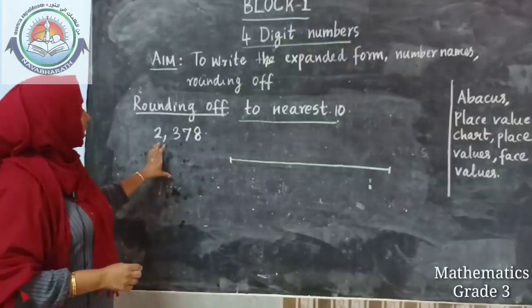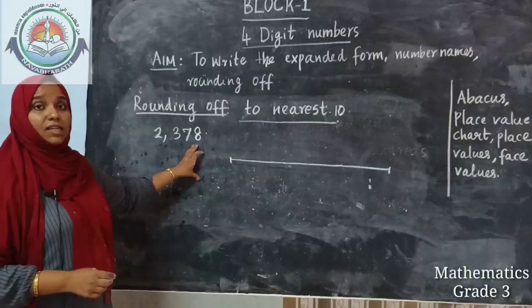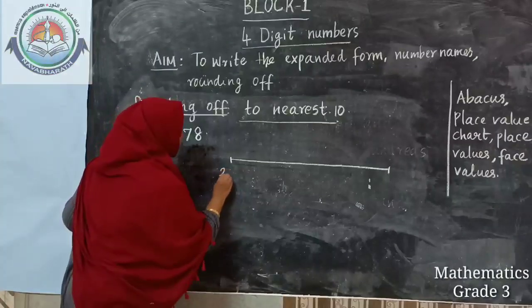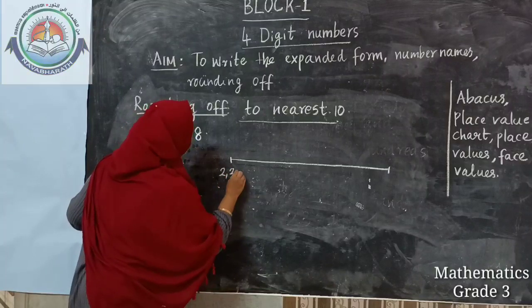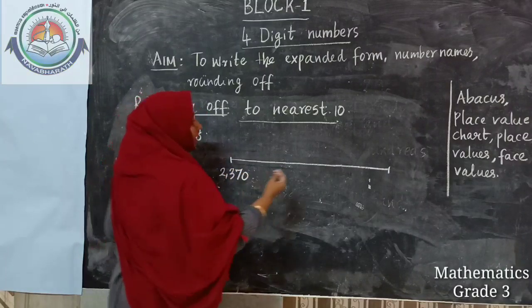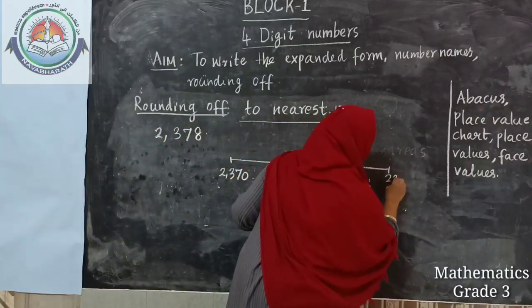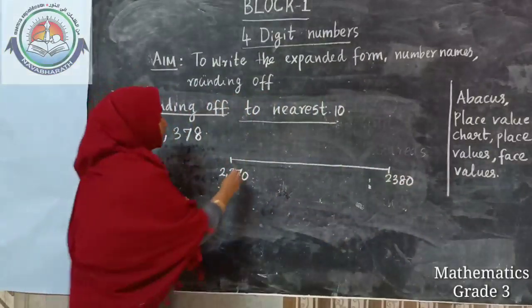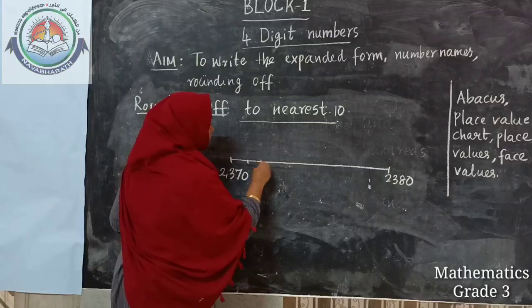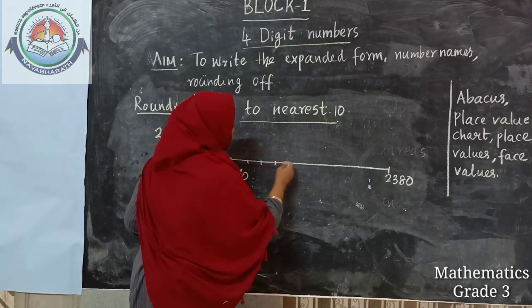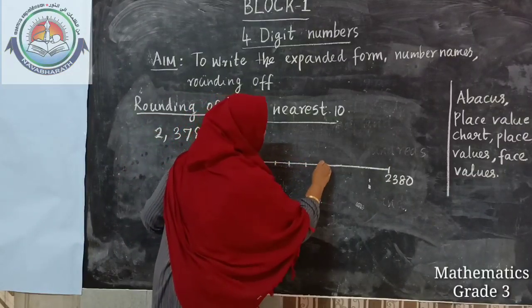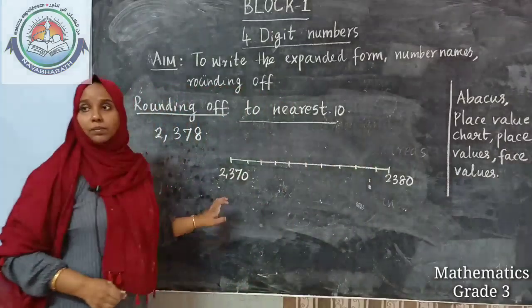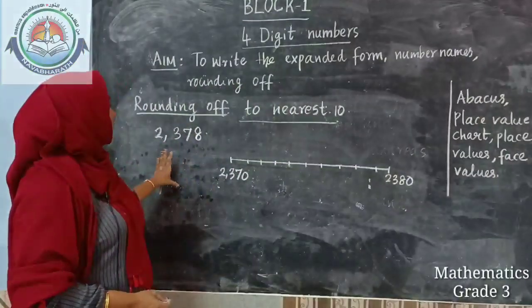Okay, and this number lies in between which two tens? This is 2370 and here 2380. Okay, in between there are 9 numbers.